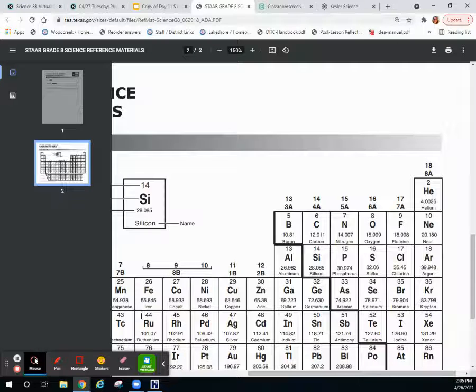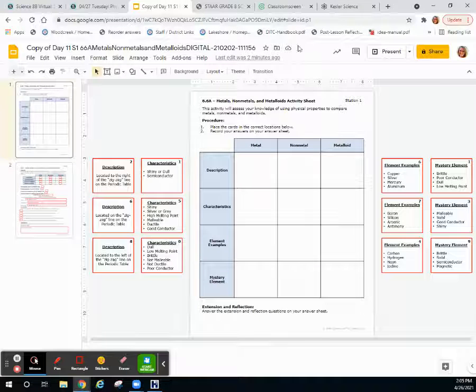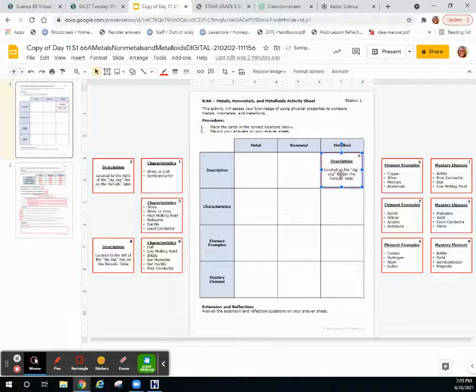Your metals are to the left and your nonmetals are to the right of that staircase. So your metalloids serve as a divide in our elements on a periodic table. Located on the zigzag line would be our metalloids. Okay? And then we go into our characteristics.